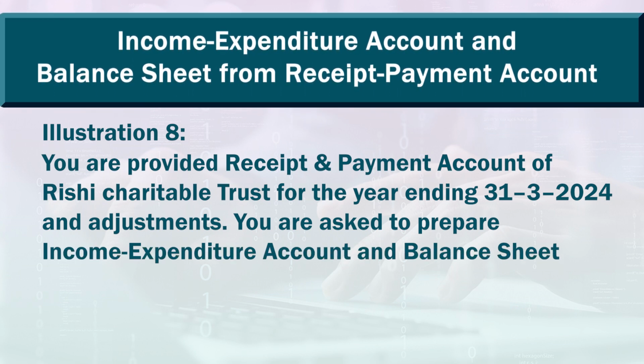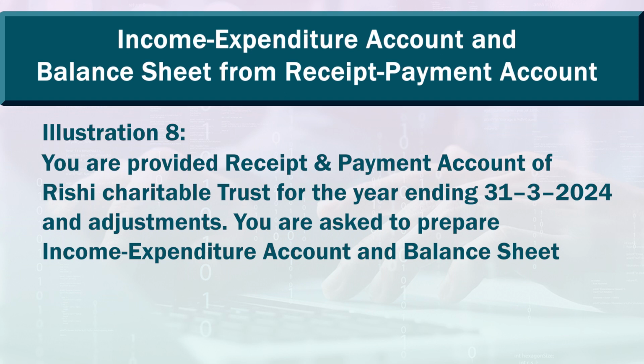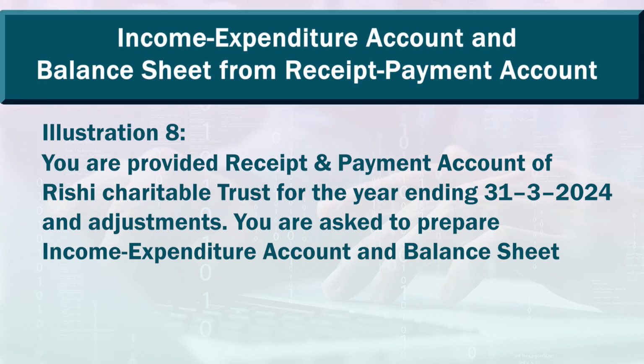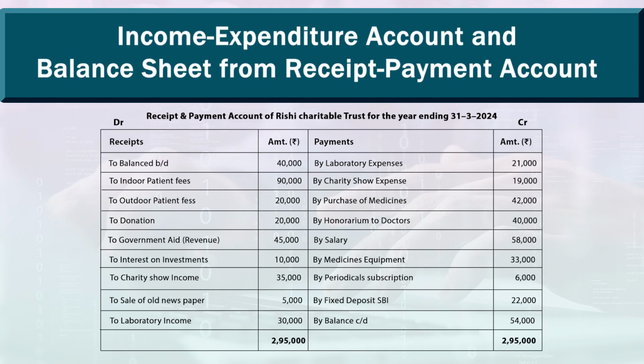You are asked to prepare income expenditure account and balance sheet. The receipt and payment account of Rishi Charitable Trust for year ending 31/3/2024 is shown. On the debit side, the first entry is balances brought down of rupees 40,000.